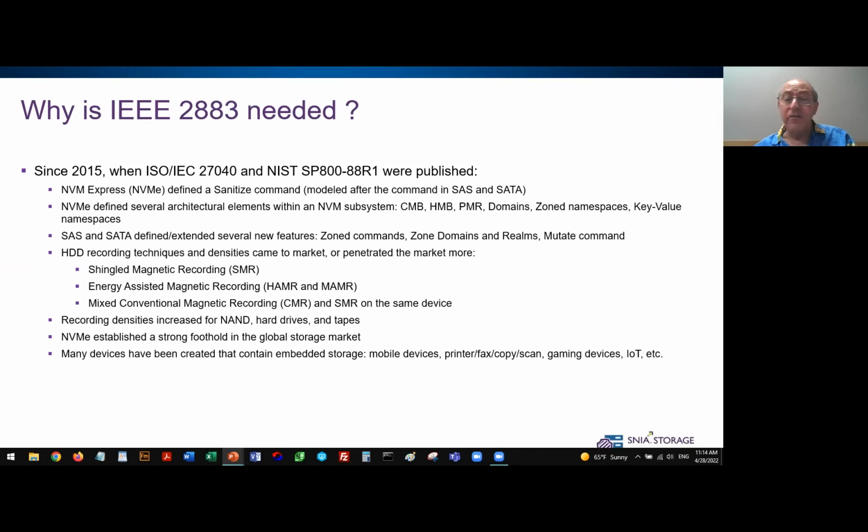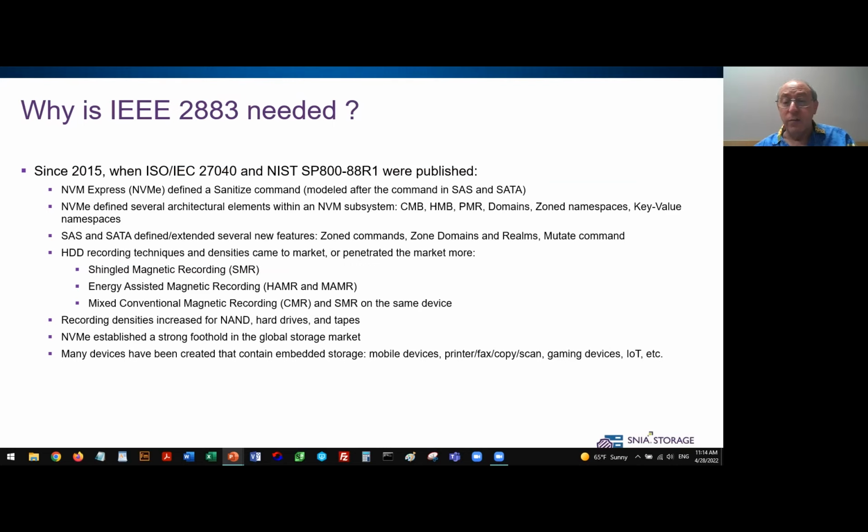And there's a lot of devices that contain embedded storage that you wouldn't necessarily think of, like your multifunction copy scanner fax printer in your office. It has storage in it.